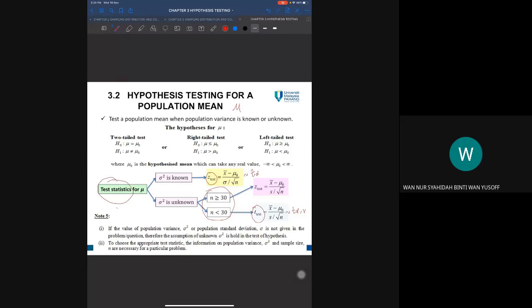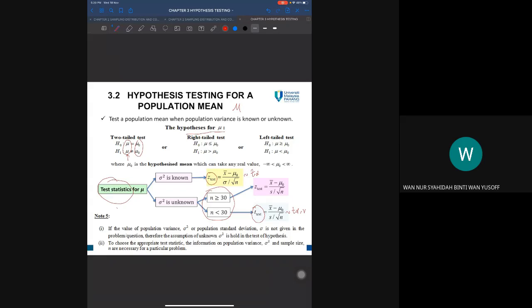For the hypothesis, on the left hand side we have the parameter, mu, and on the right hand side it should be the value which you can find in your question. If the population value is not in your question, then we assume that it is 0.